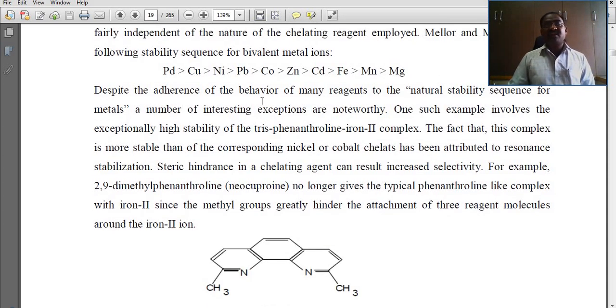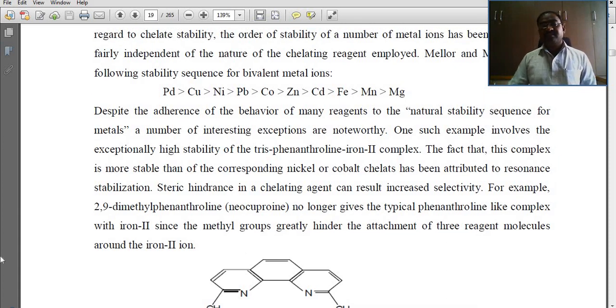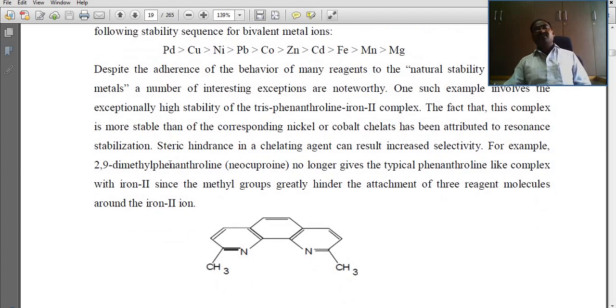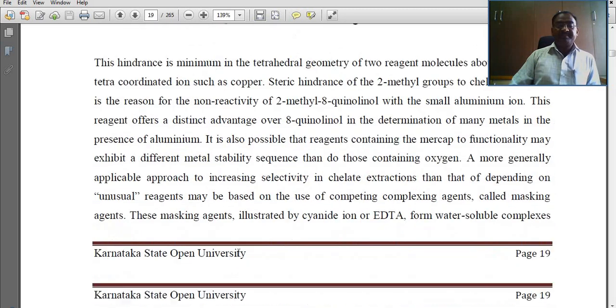Despite the adherence of the behavior of many reagents to the natural stability sequence for metals, a number of interesting exceptions are noteworthy. Some examples are mentioned here.